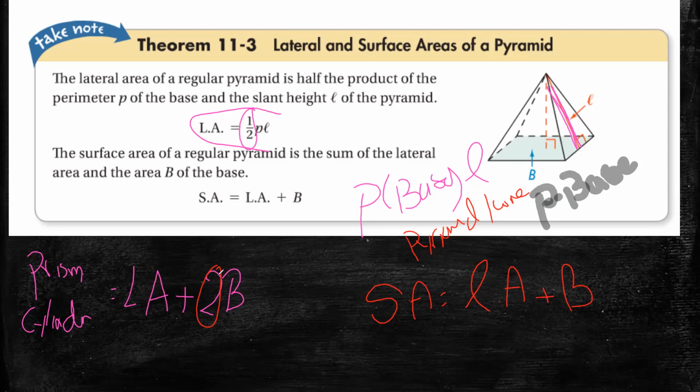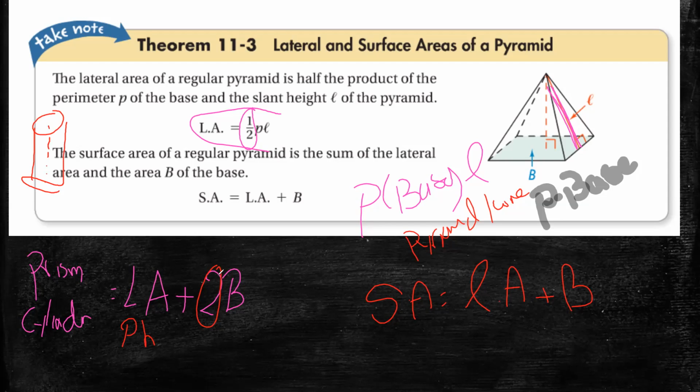Perimeter times h. So I need to find the perimeter times the height. In the prism or in the cylinder, I look at the height that is here.